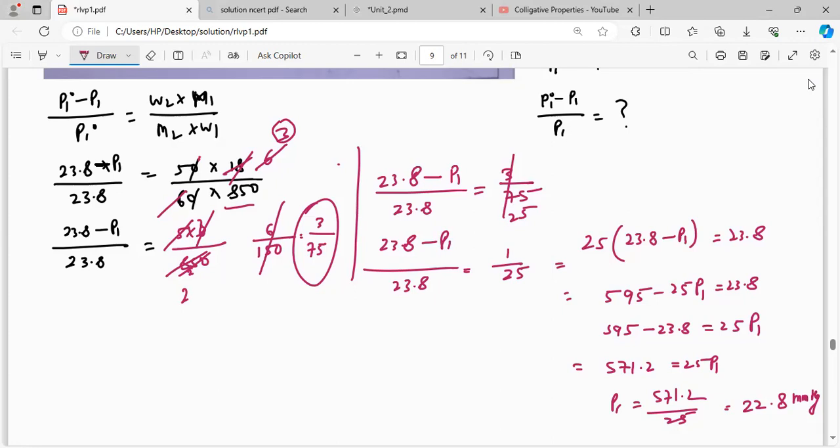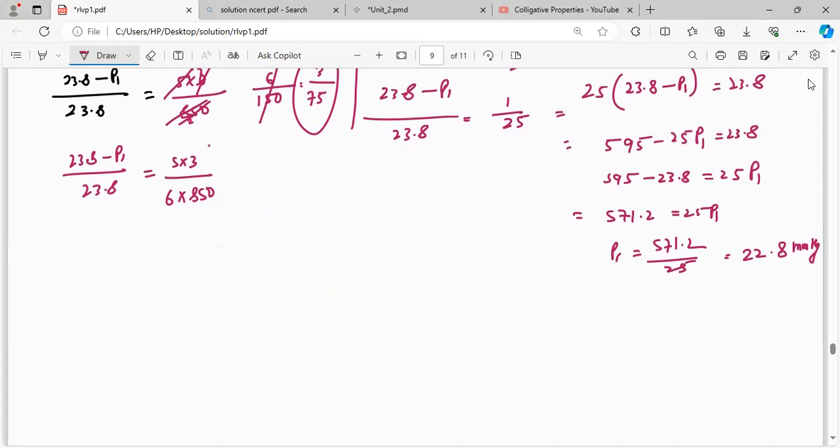Total mistakes have become. Okay, let me rewrite here. 23.8 minus P1 upon 23.8 is equal to how much? 5 into 3 divided by 6 into 850. Is it okay?